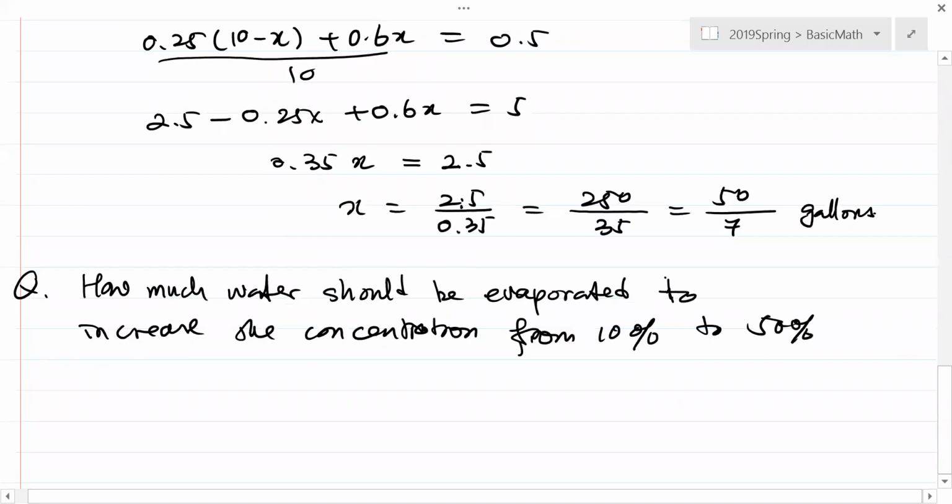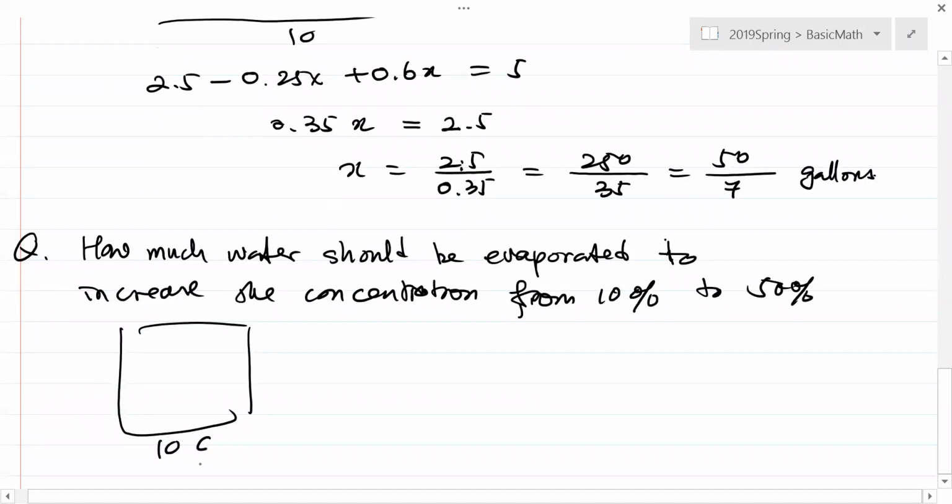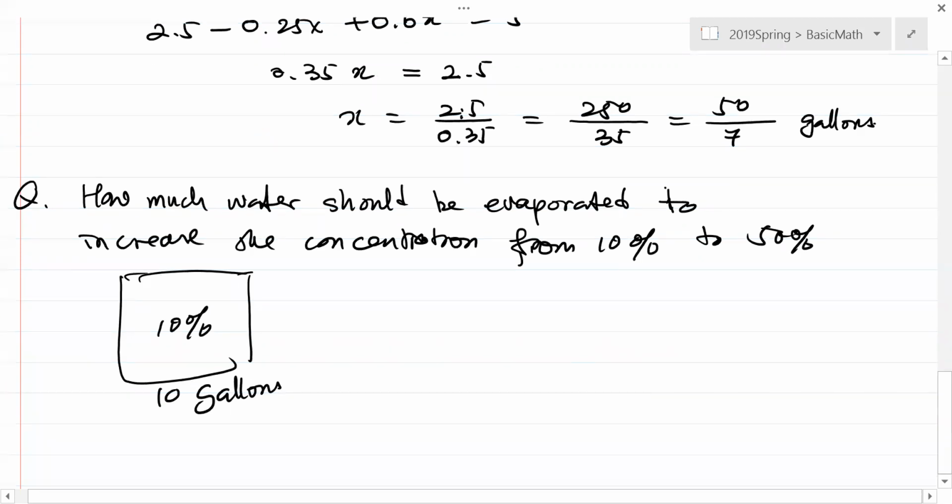So we still have 10 gallons of 10% solution. Can you do that? I'll give you a minute.